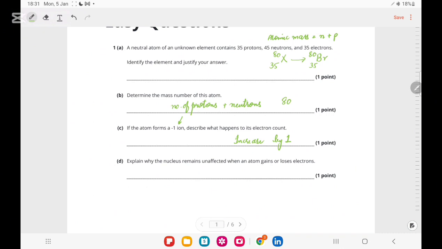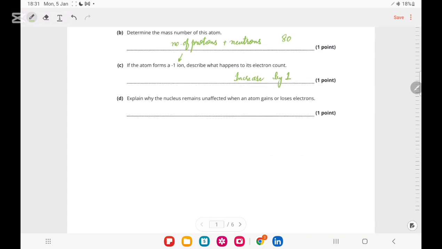Explain why the nucleus remains unaffected when an atom gains or loses electrons.